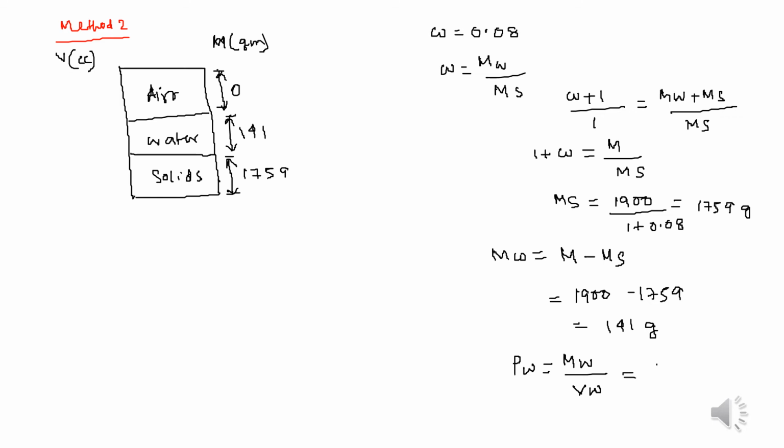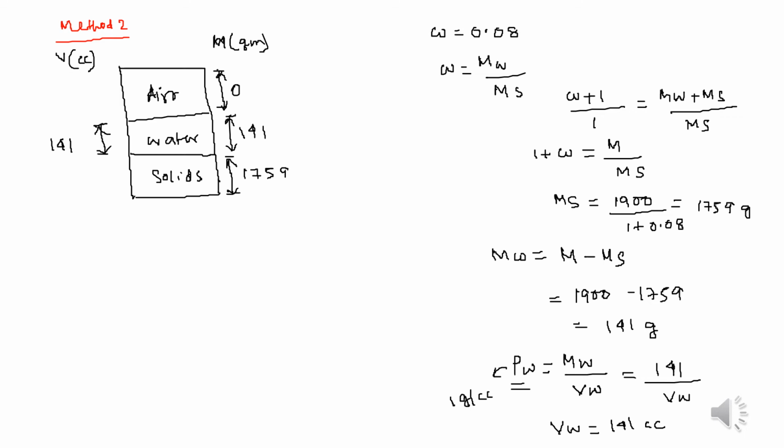Now we know the mass of water, which is 141. We have to find out the volume of water. We know the density of water, which is standard. In here we are writing in CGS unit, it is 1 gram per cc, right? So basically now the volume of water becomes 141 divided by 1, that is 141 cc. So similarly we write it here, the volume of water is 141.